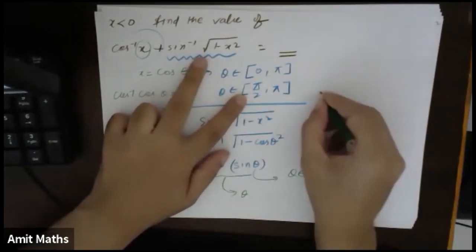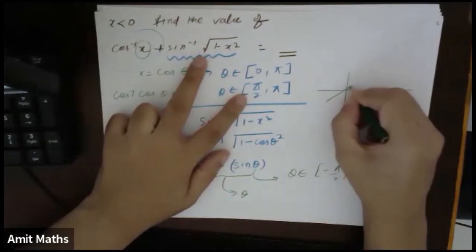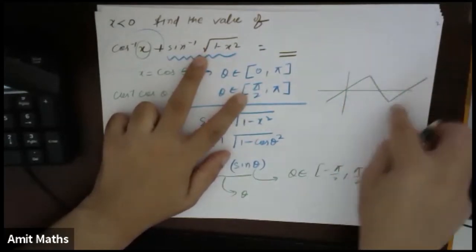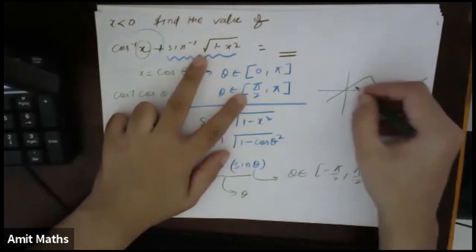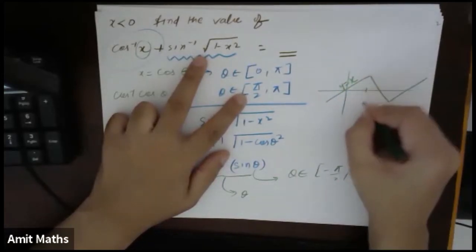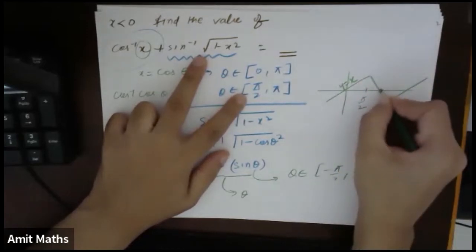Okay. So basically, if we recap what we did before, the curve will be something like this. This was y is equals to x, right? This point was pi by 2. This is y is equals to minus x. This point is pi.